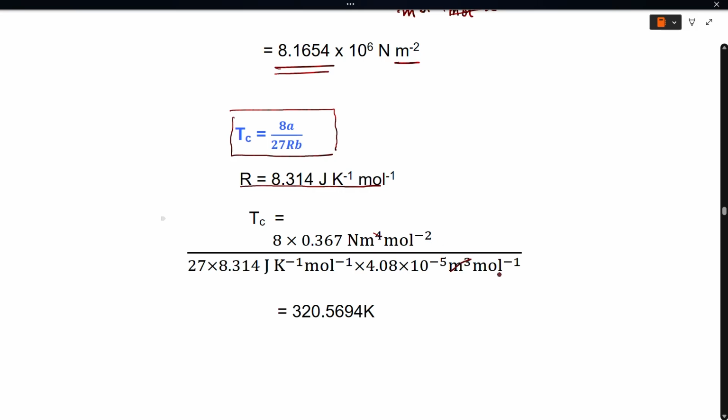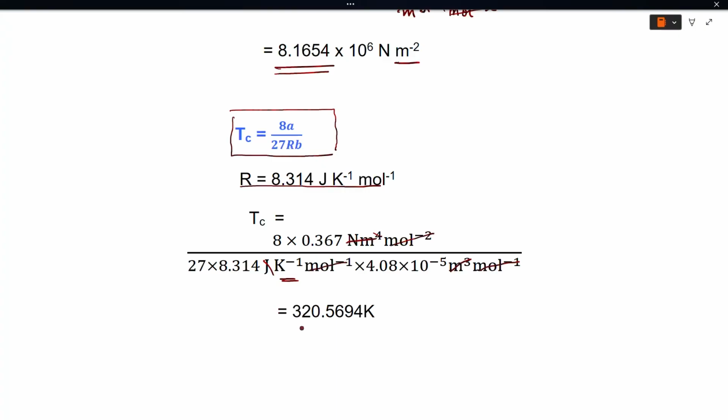Mole raised to minus 2 gets cancelled with mole raised to minus 1 and mole raised to minus 1. Now we have newton meter, then joules is there, it gets cancelled with newton meter, so that is also gone. Now finally we have the Kelvin inverse, so just taking it to the numerator, it becomes Kelvin. The answer is 320.5694 Kelvin. Now let us move on to the next question.